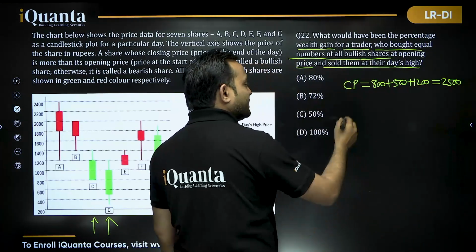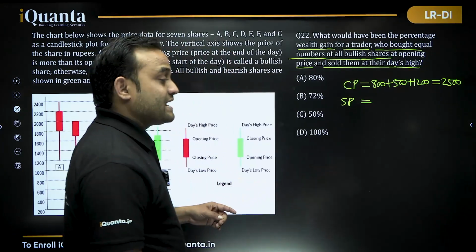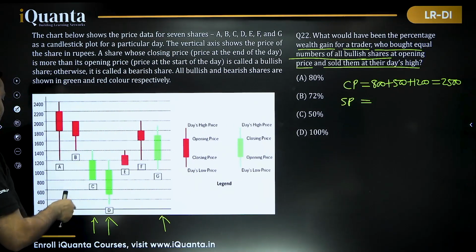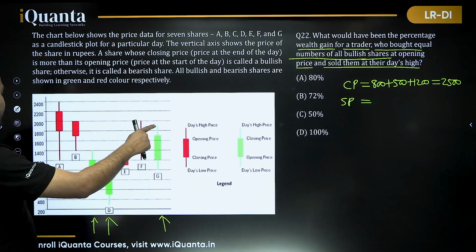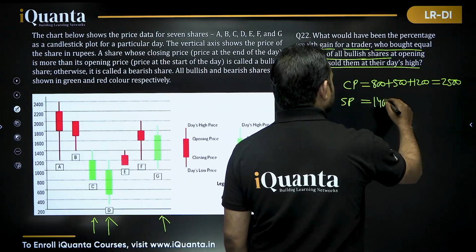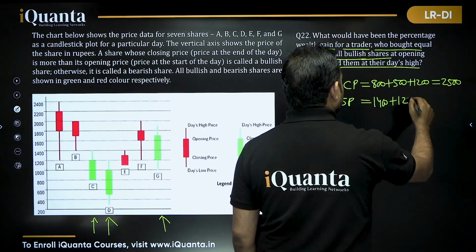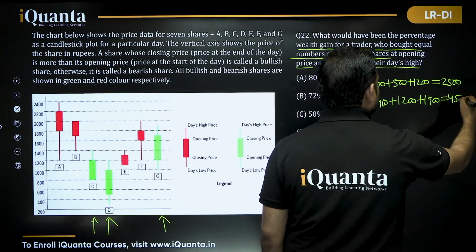And what will be the total selling price by selling all these shares at day's high? So in case of C, day's high is 1400. In case of D, day's high is 1200. And here it's 1900. So 1400 and then 1200 and then 1900, which gives us 4500.